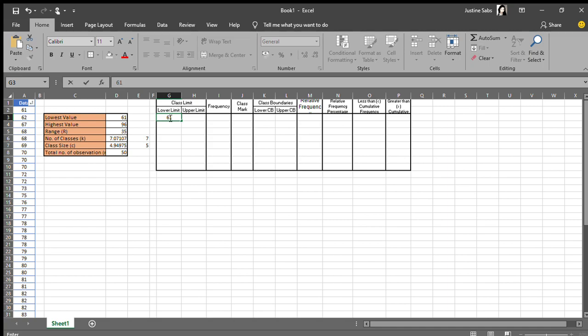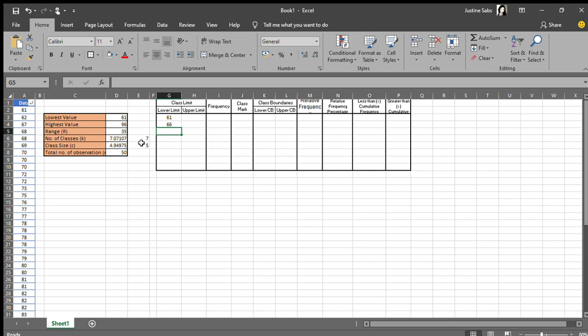That would be 61. Then, to determine the succeeding lower limits, all we have to do is add 5 to the previous lower limit. Since 61 is our first lower limit, we add the class size of 5. So, 61 plus 5 is 66.